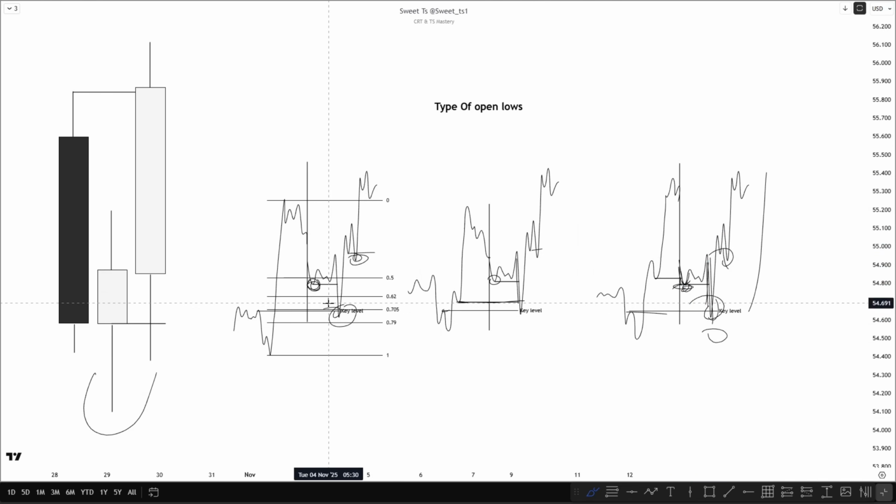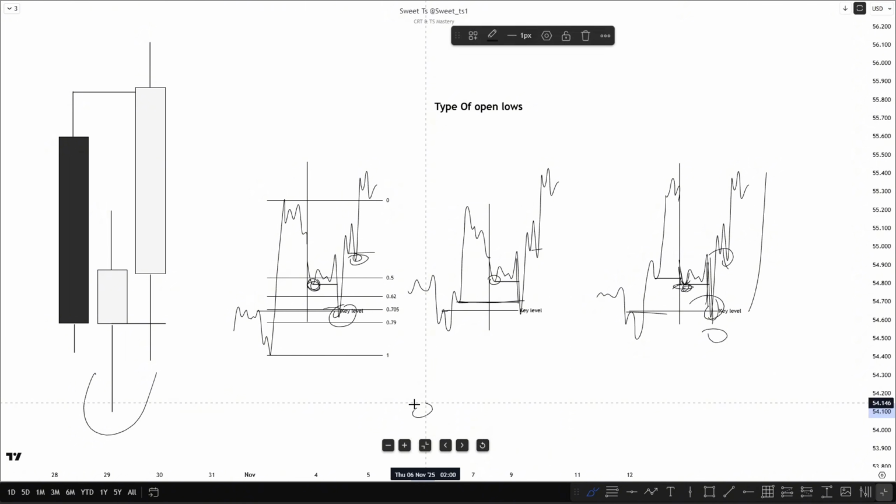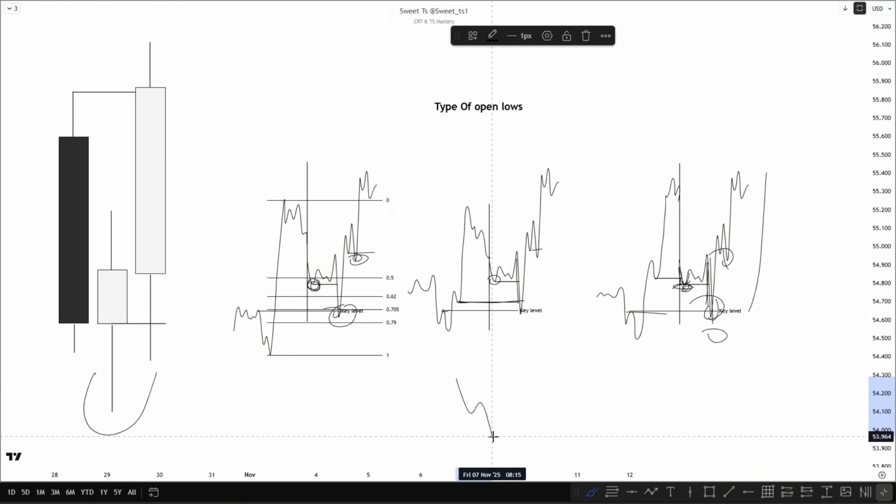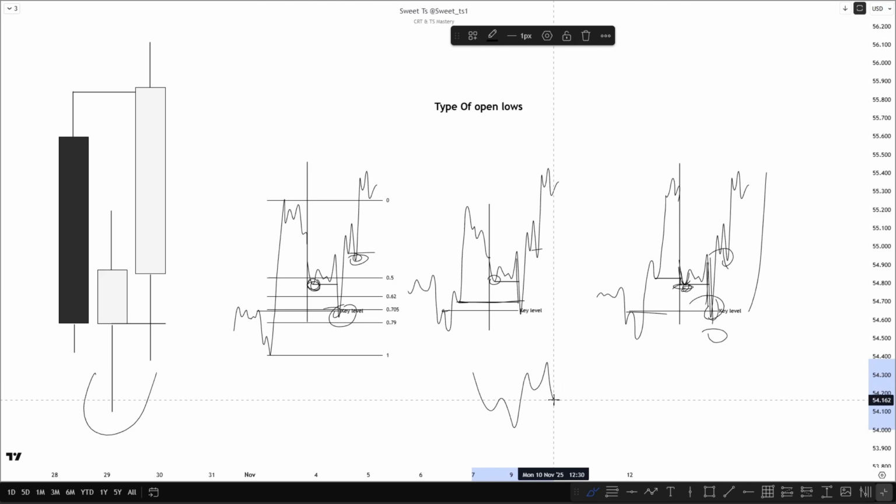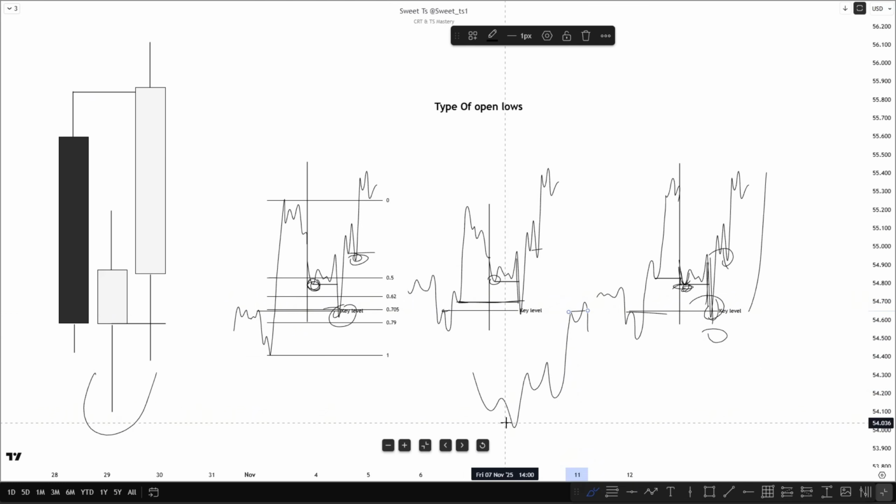And if you pay attention, there are two trade opportunities. We either catch the low of the candle or catch the OTE, which is the Judas swing. And we have the exit technique to pack the daily range.